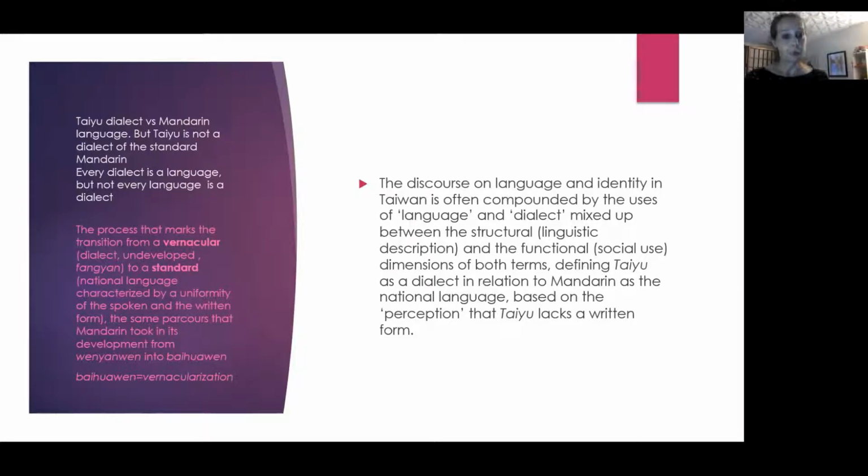Yeah, so there is the notion Taiyu as a dialect versus Mandarin as a language, but we cannot say that Taiyu is a dialect of the standard Mandarin, and that's the mistake that is often made and started to lead its own life and is being used for all kinds of political reasons. So where every dialect is a language, but not every language is a dialect too.